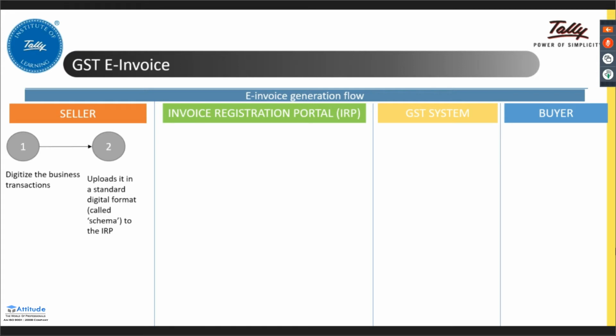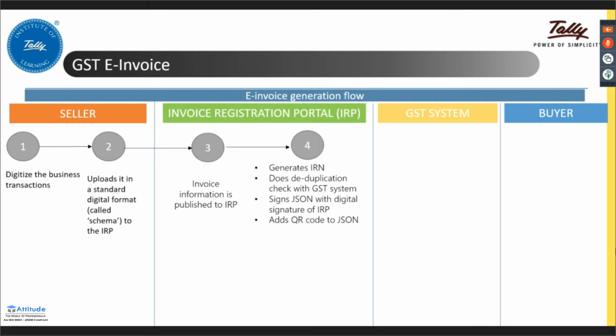And then the invoice will be accepted by the IRP, that is, the information will be published to the IRP. After publishing the information, the IRP will generate the IRN, that is the invoice registration number, and it will check for any duplication with the GST system.